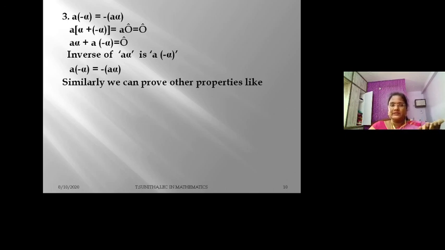So by the first property, a into 0 is equal to 0, so a alpha plus a of minus alpha is equal to 0. The inverse of a alpha is a of minus alpha. Therefore, a of minus alpha is equal to minus a alpha.